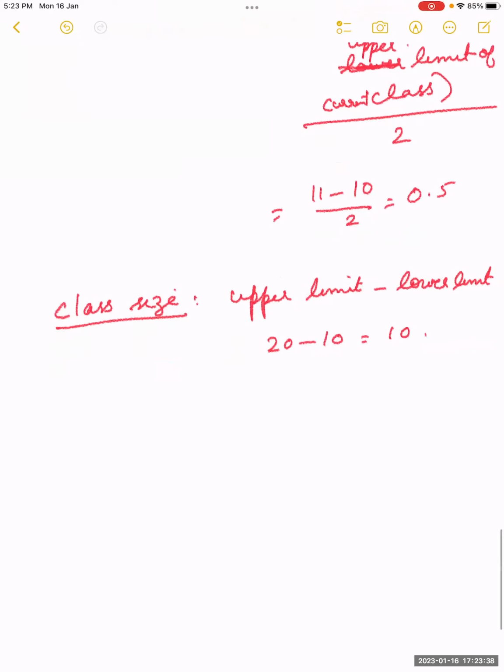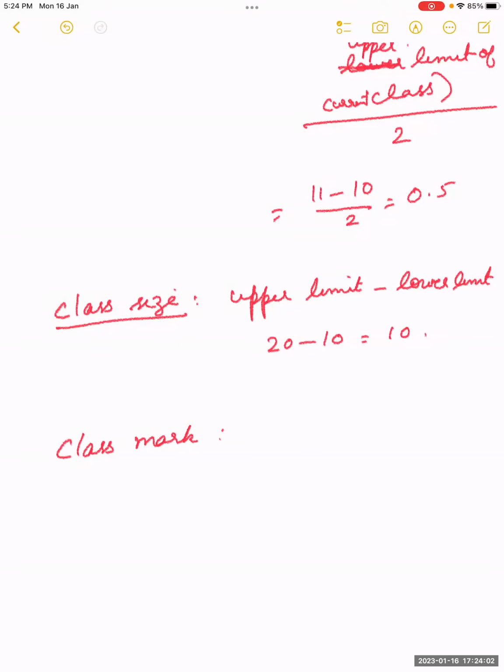Then the next thing is called class mark. This class size and class mark is an important concept. You should know what that means. Class mark means midpoint of the class interval. Any class interval you take, its mid value.